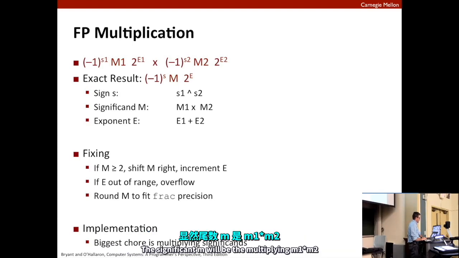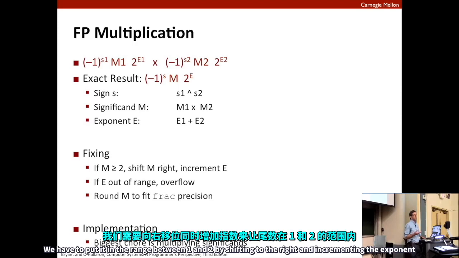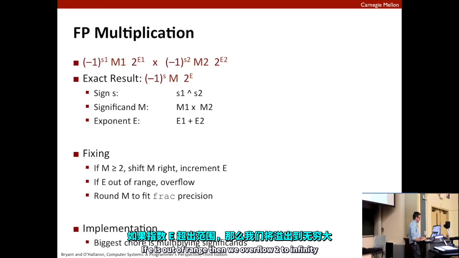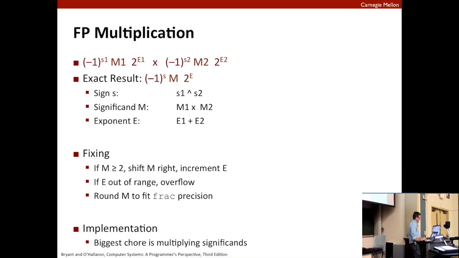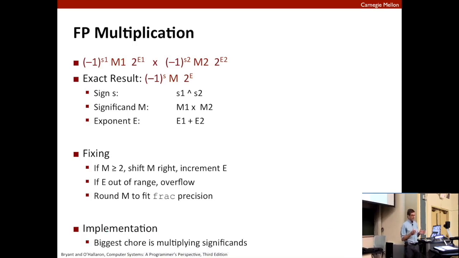The significand m will be m1 times m2, and the exponents are added, just by the rules of exponents. If m is greater than or equal to 2, and this is a normalized number, we have to put it in the range between 1 and 2 by shifting to the right and incrementing the exponent. If e is out of range, then we overflow to infinity. And if m has too many bits, we have to use round to even to fit it into the available frac bits.